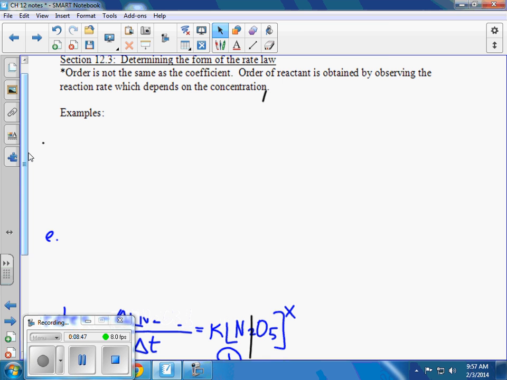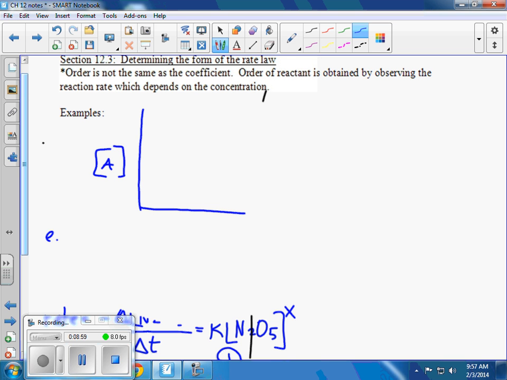Okay, so if I take a look, I can say that if I have an XY graph, and I'm going to put my concentration of A over time, and if I plot it and I get a graph like that, this means that my rate is equal to K. So whatever the rate is progressing, that constant is always going to be the same, and this is going to be a 0 order reaction.